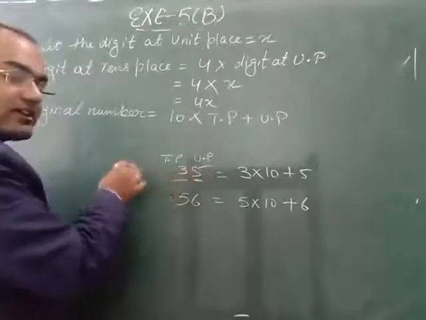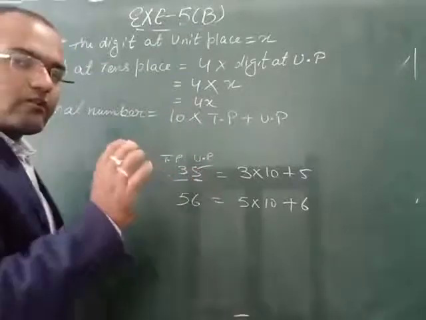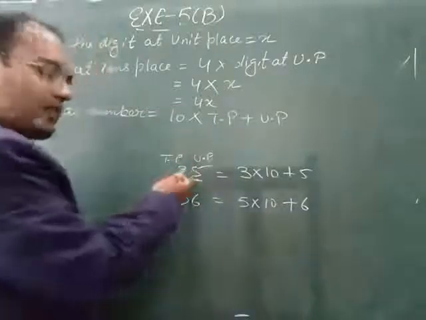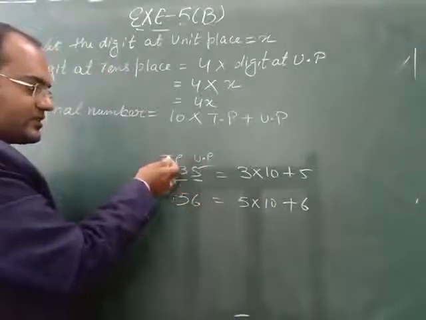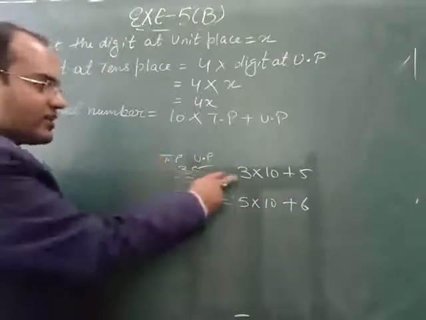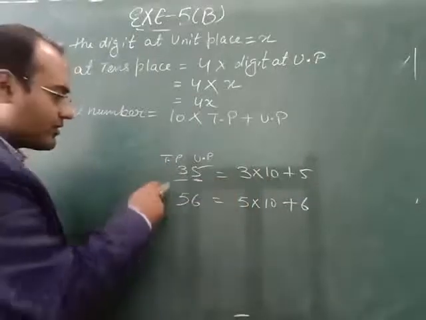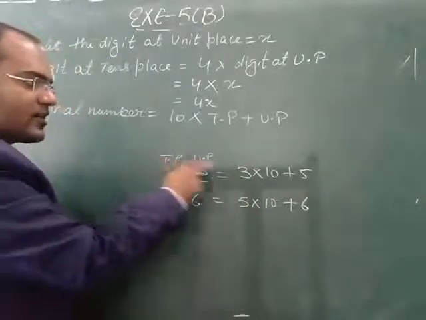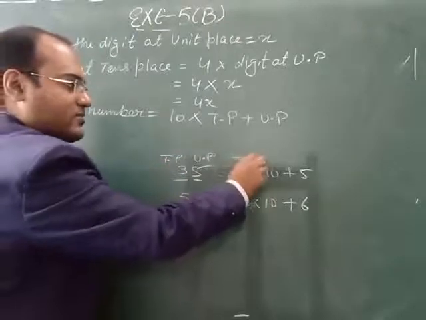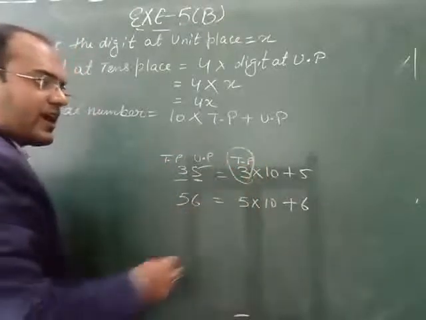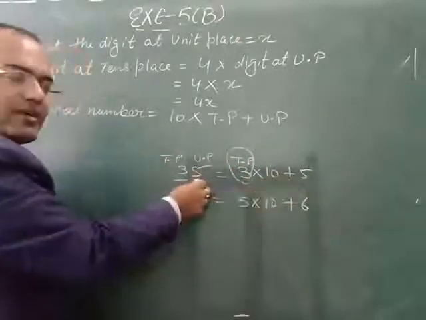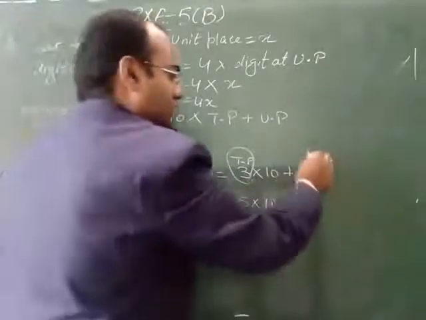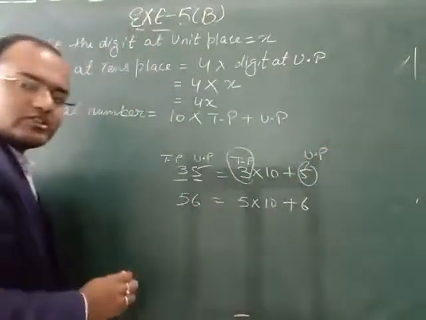Same way, this is the unit place, this is the tens place. So what we have done? 3 multiplied 10. 3 means tens place. So here 10 multiplied tens place we are doing. And in addition what we are adding? 5 we are adding. What is 5? 5 is unit place.